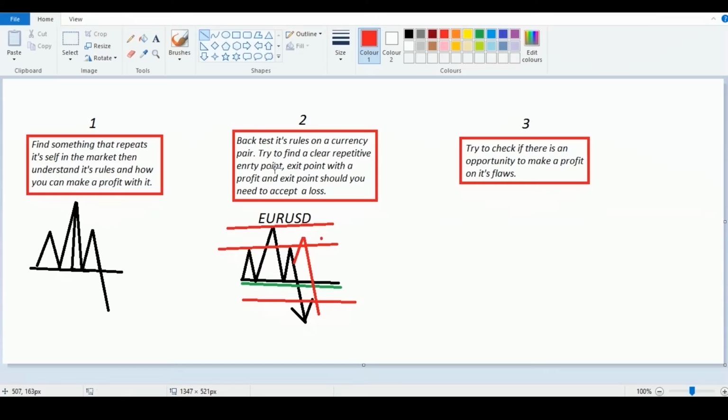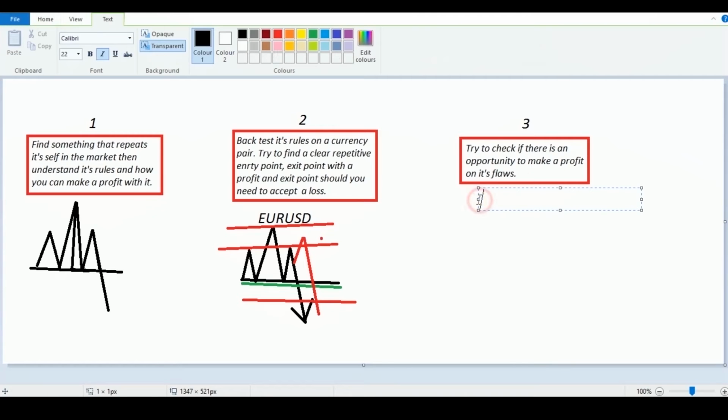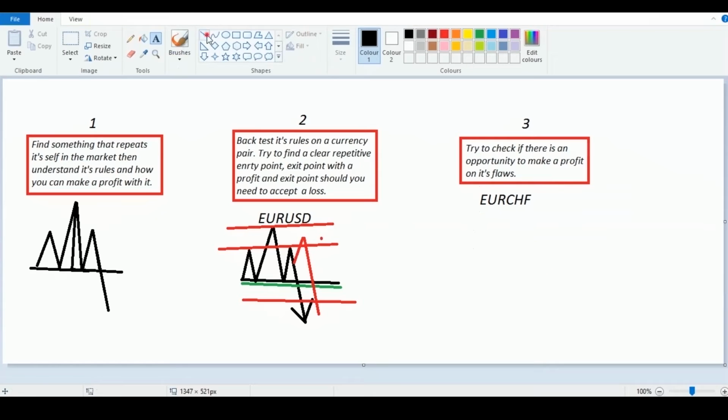Now that you have found your clear entry point, clear exit point, and clear point in which you need to accept a loss, you need to check if there's an opportunity to make a profit on its flaws. For example, on, I think it's Euro CHF, you will find that most of the time its head and shoulders patterns usually behave like this.